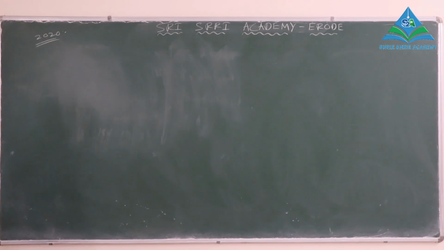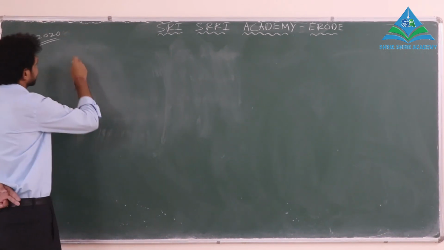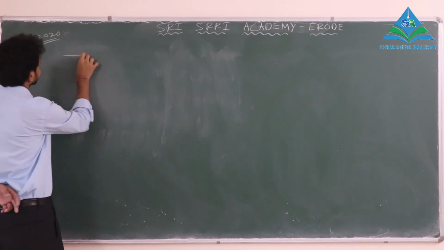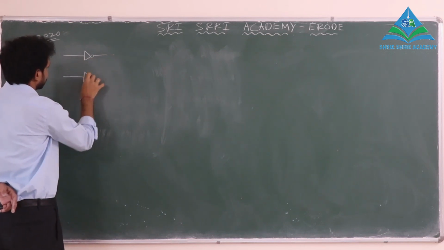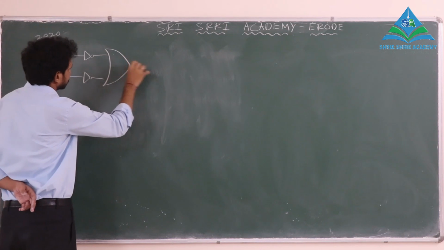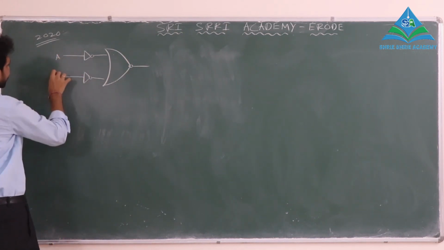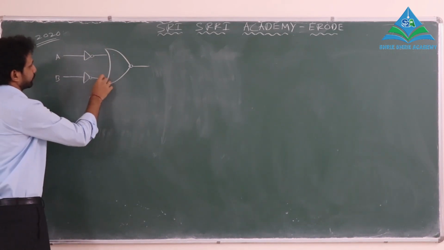One more question asked in the same NEET 2020 question paper is from semiconductors or electronic devices. There was a NOR gate given in this form, with the inputs bubbled.